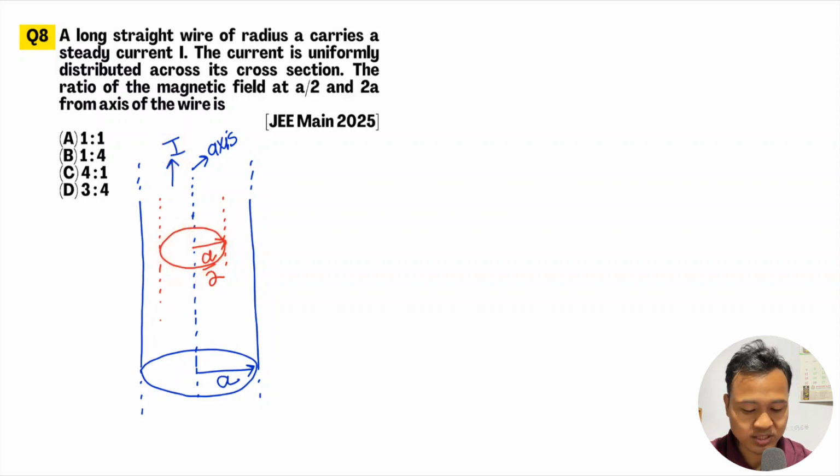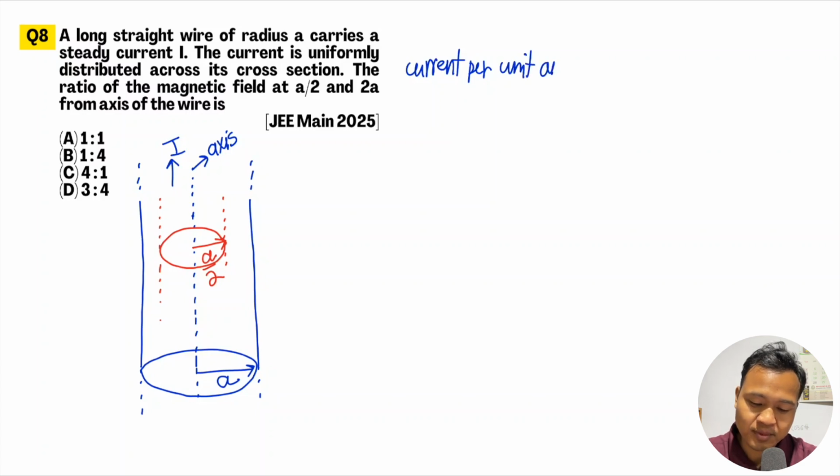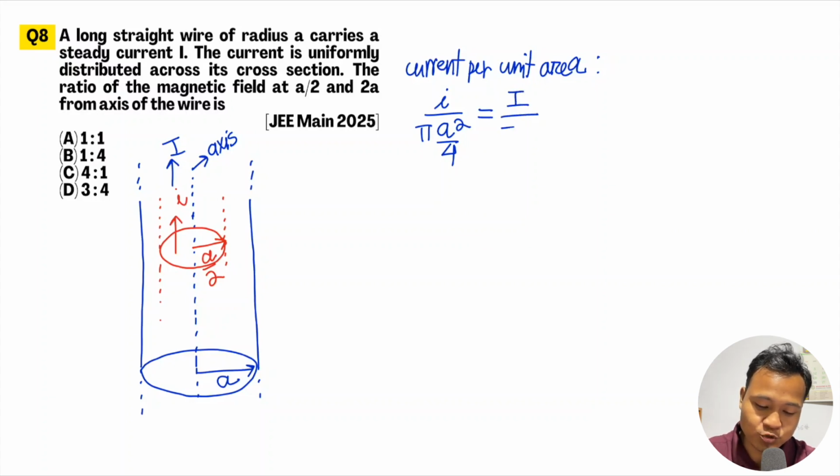So here we have to find something called current per unit area, like charge per unit area. Let's say the current flowing inside the loop is small i. Small i divided by the area of this small part, pi into a by 2 whole squared, should equal the overall current I divided by the area pi a square.